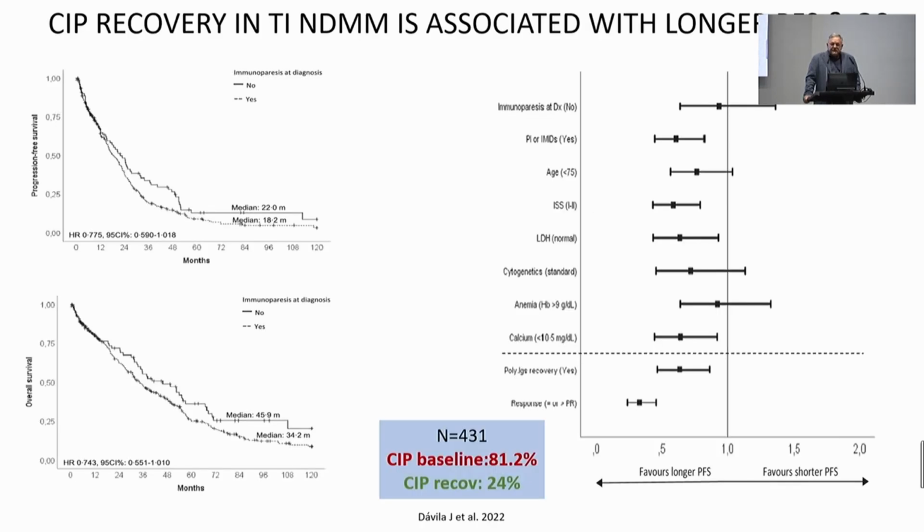In this study of the Salamanca group, in more than 400 patients, they demonstrated classical immunoparesis in 81.2% of patients, and the recovery of this immunoparesis was in 24 patients. These patients had better progression-free survival and overall survival.